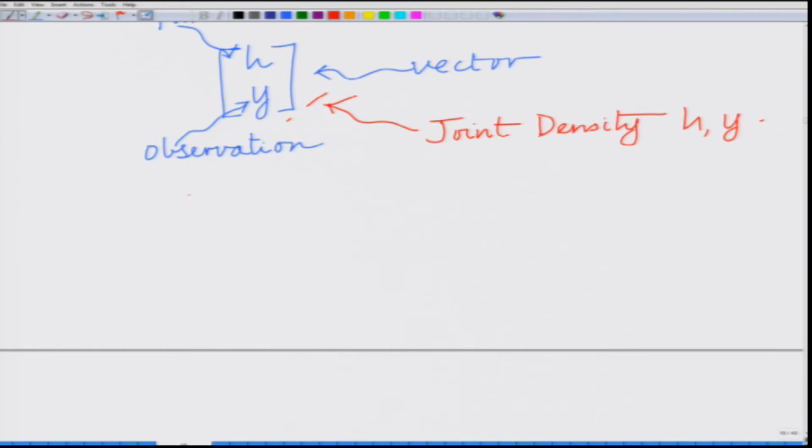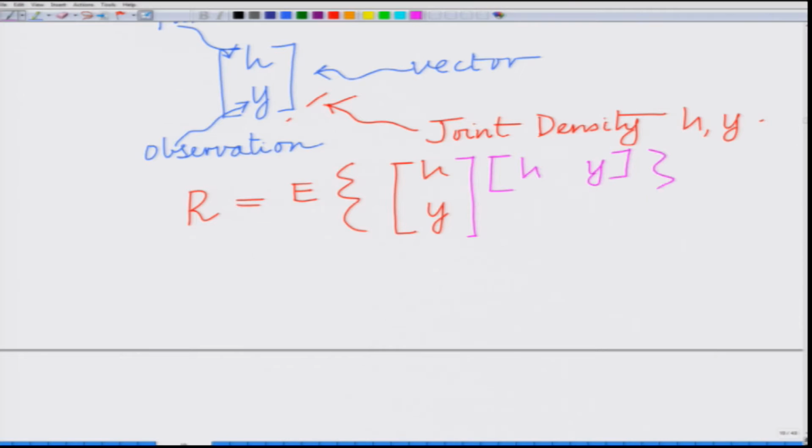Towards this end, let us define the covariance matrix R of this vector as the expected value of the vector h y times its transpose, which is the expected value of the matrix h square, h y, y h, y square.